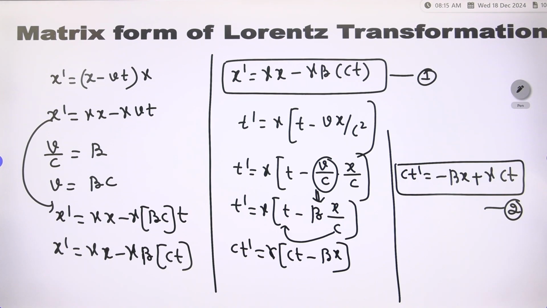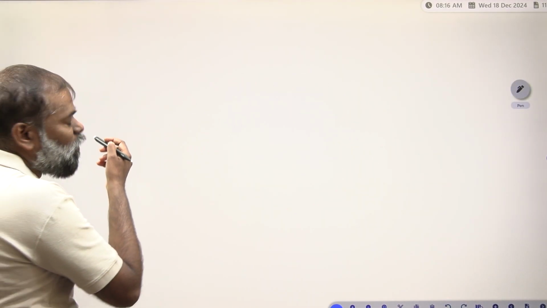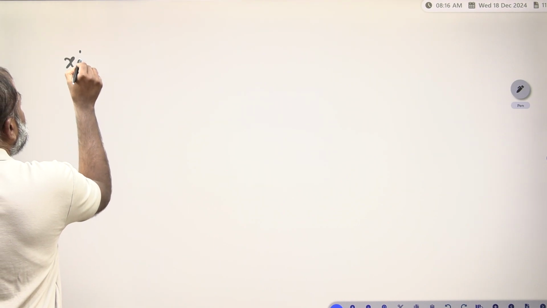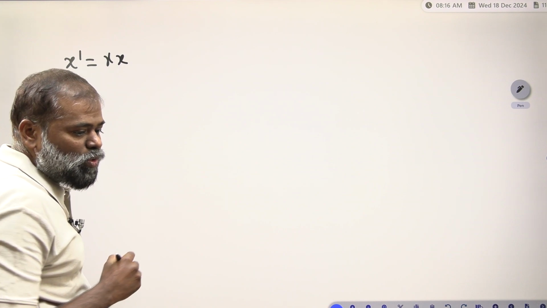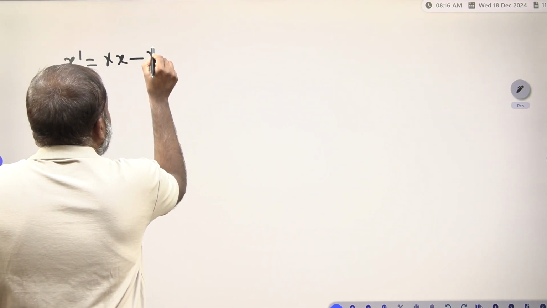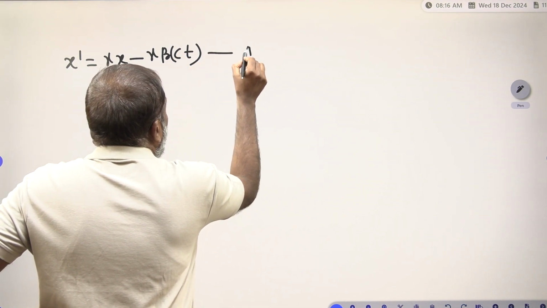We have to make these two expressions into the matrix form. The first expression is x dash is equal to gamma into x minus gamma beta into Ct, correct. This is the equation number 1.